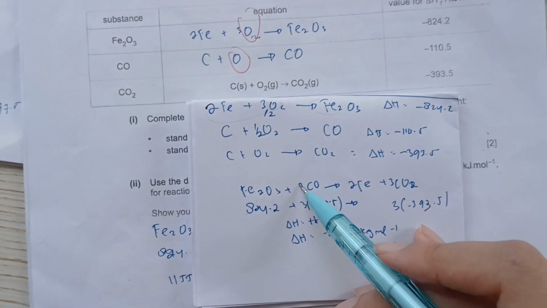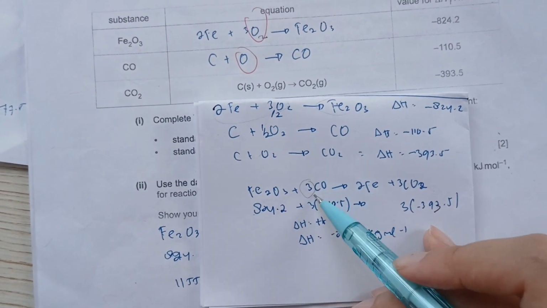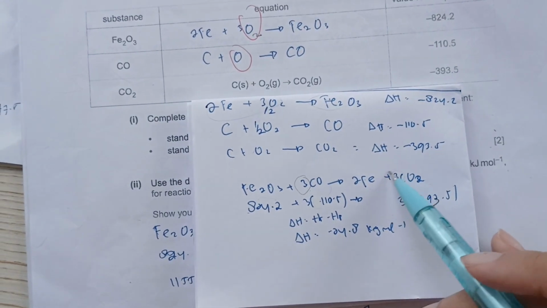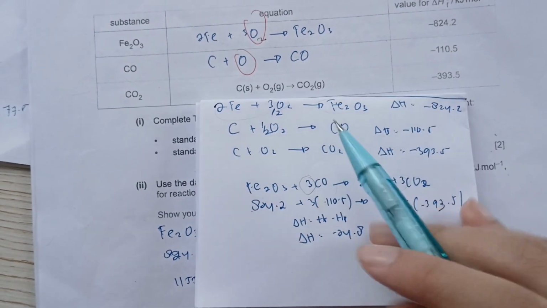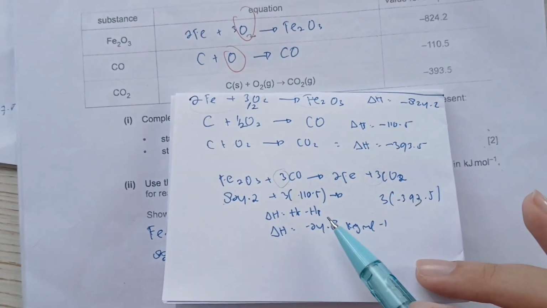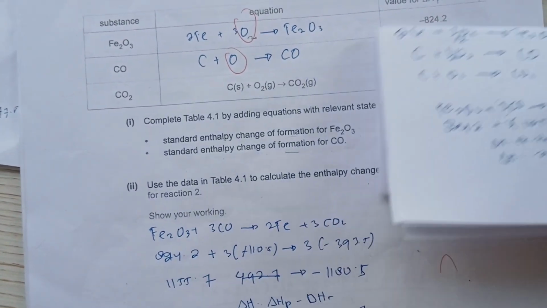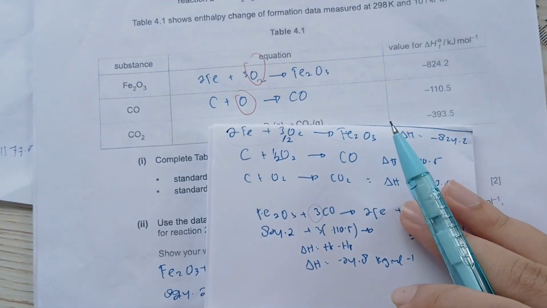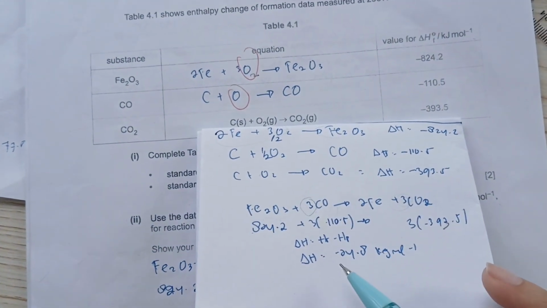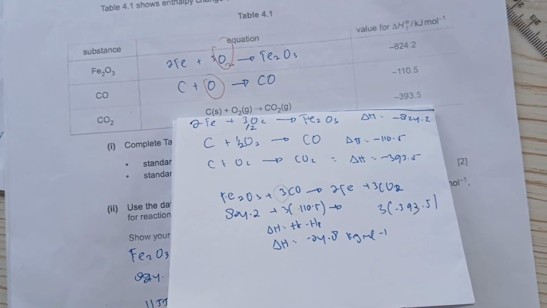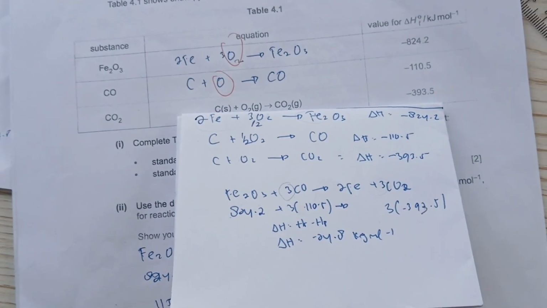For this, because the coefficient is 3, we multiply by 3, and this one also like that. Then we got the delta H. The enthalpy change is product minus reactant, because this is the formation. So it becomes minus 24.8 kJ mol^-1.